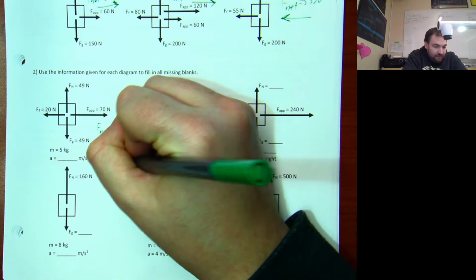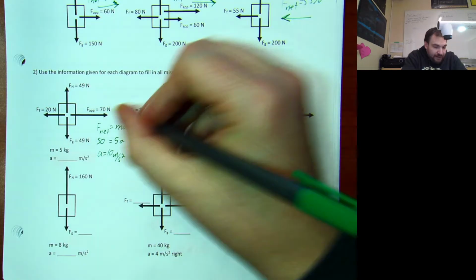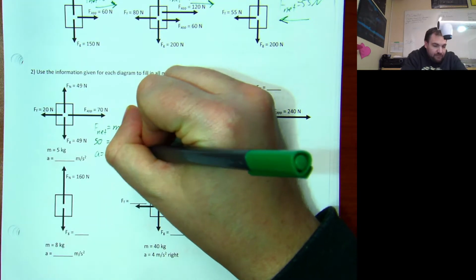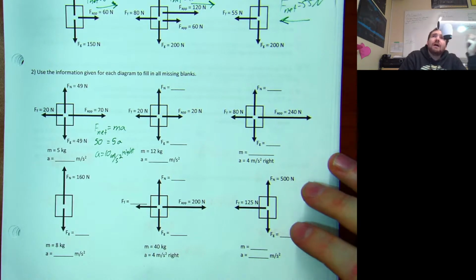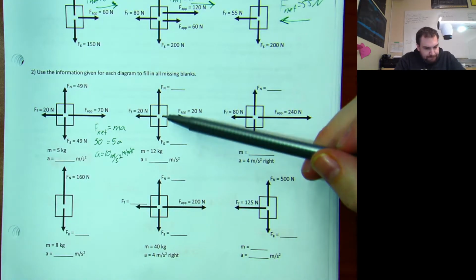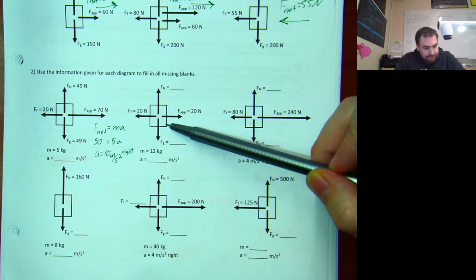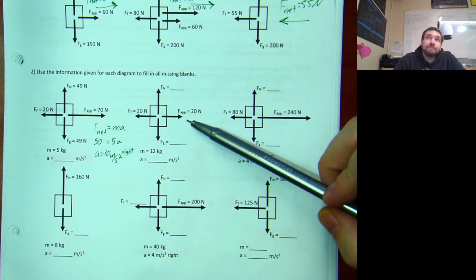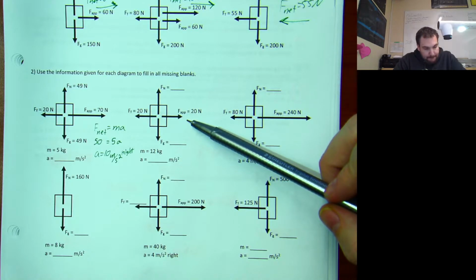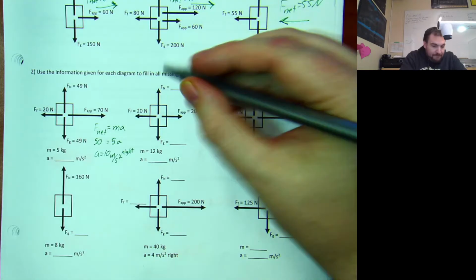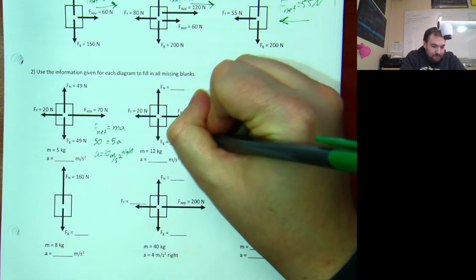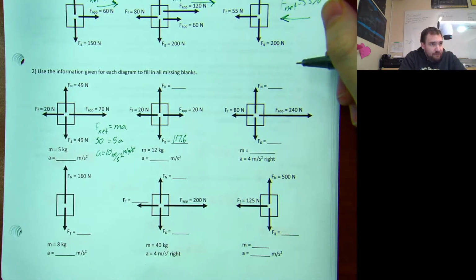Which way? To the right. Cool. How about this one here? For gravity and for normal force, 117.6 newtons.